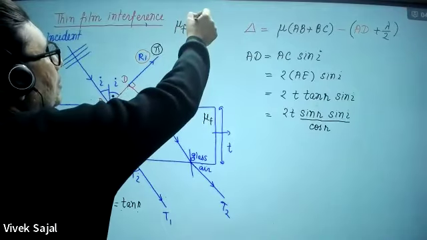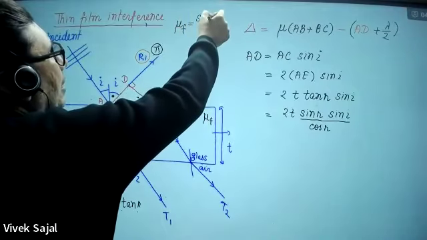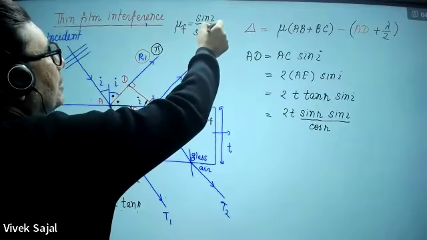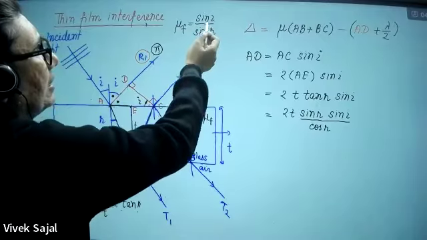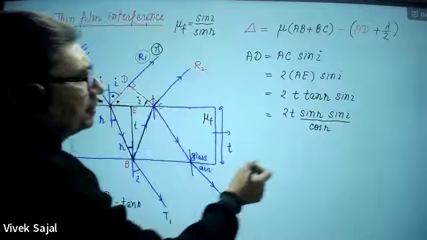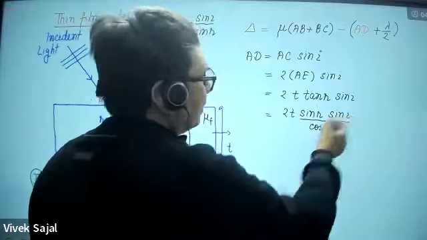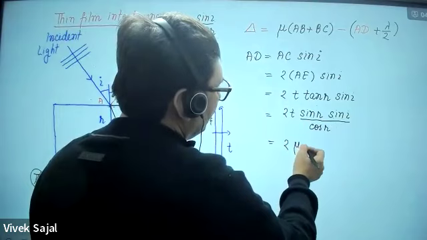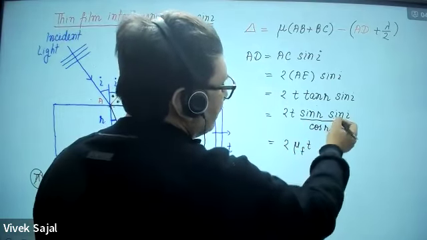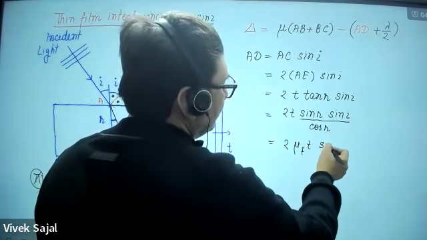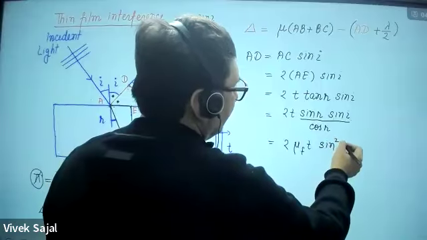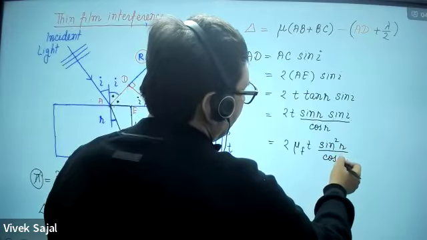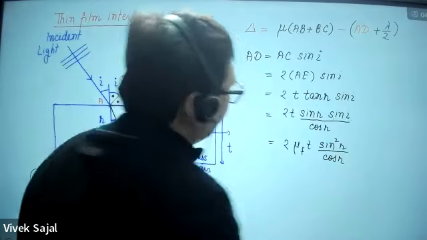Mu f will be equal to sin I upon sin R. So I can write this sin I as mu f sin R. So here I'm going to write mu f sin R, so this will be 2 mu f t sin square R upon cos R. So this is the second term.